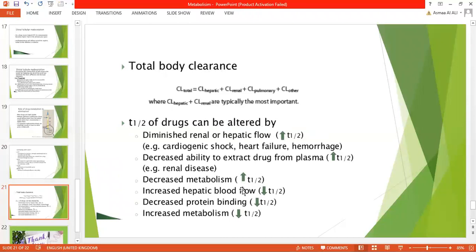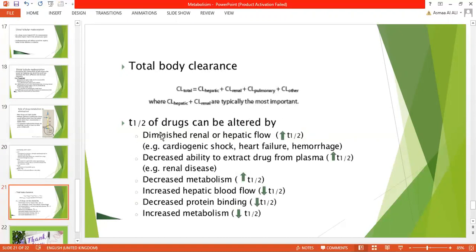Total clearance can be calculated by using the following equation: total clearance of the drug equals hepatic clearance plus renal clearance plus pulmonary clearance plus other clearance, whereas hepatic clearance plus renal clearance are typically the most important.